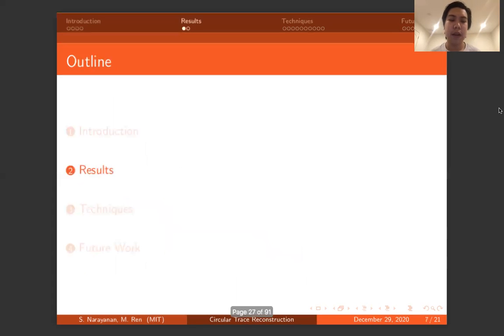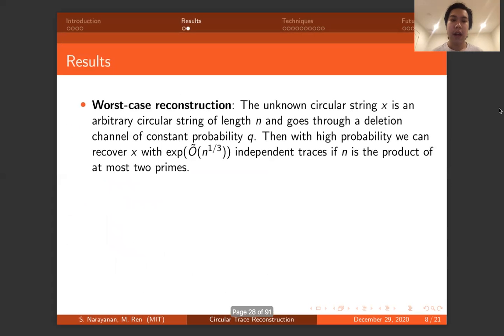So now I'm going to talk a little bit about our results. First, for worst case circular trace reconstruction, where we have some arbitrary unknown circular string X that goes through a deletion channel with probability Q, then with high probability we can recover X using e to the roughly n to the cube root, that is, n^(1/3) independent traces, up to log factors in the exponent, provided that n is the product of at most 2 primes.